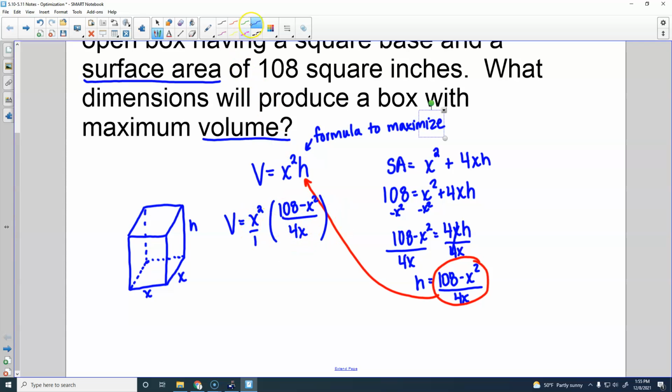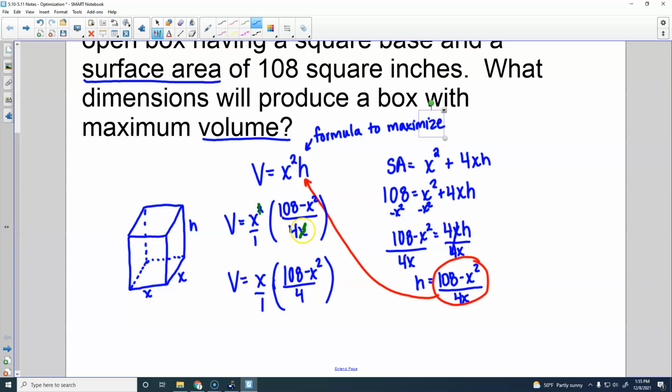If I have this 4x on the bottom, and this x squared in the numerator, I could cancel one of those x's. That leaves me with v equals x times 108 minus x squared over 4. All I did was cancel one of the x's from the x squared with the x in the denominator.